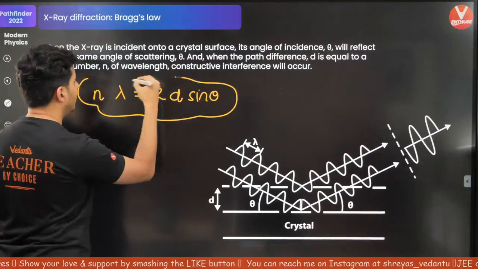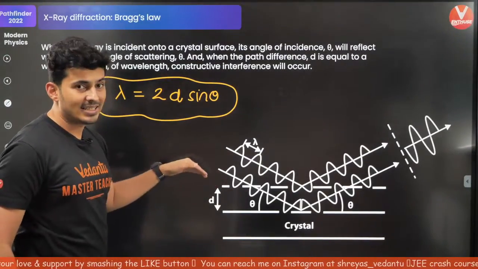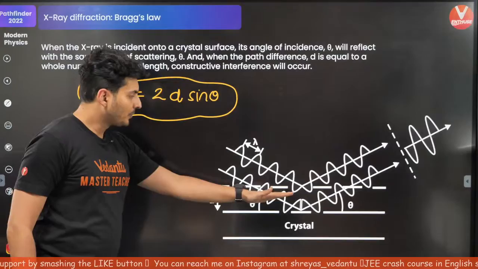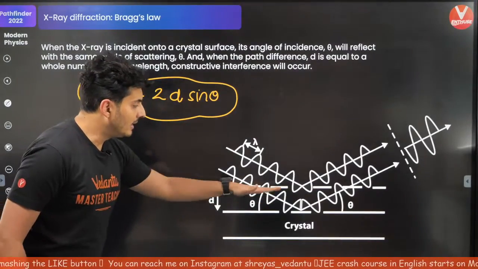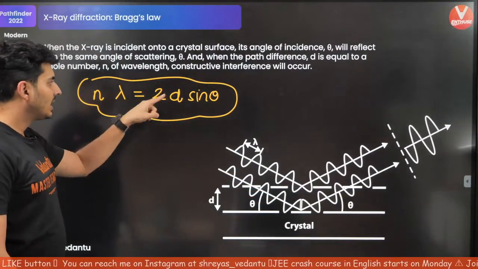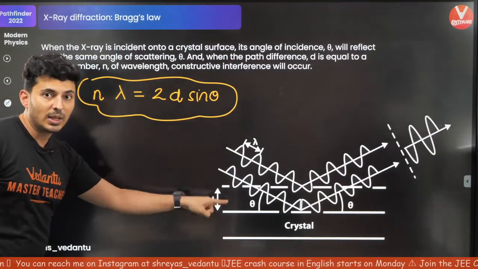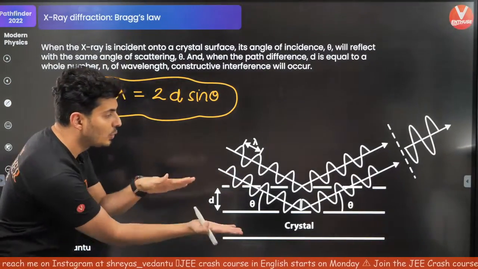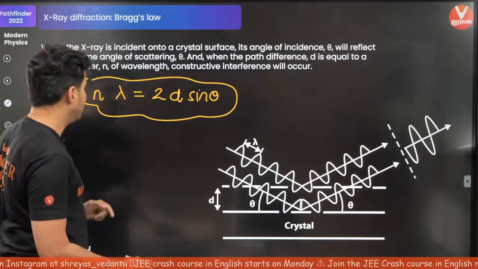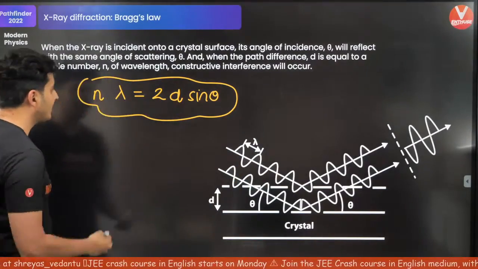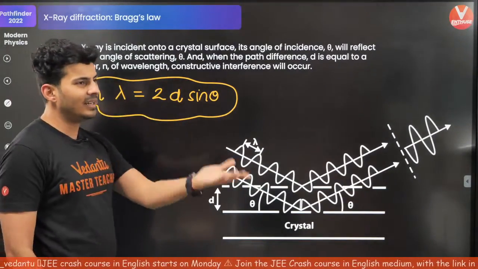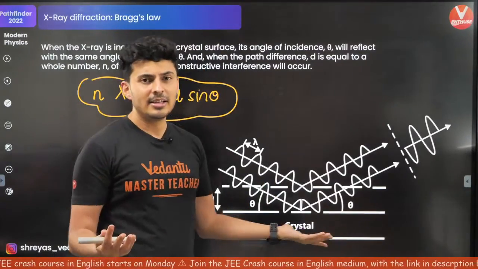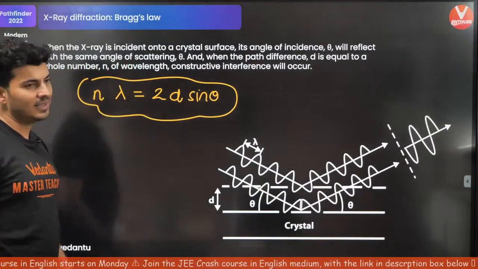Very, very important relationship. Theta is the angle which the X-rays make with the interplanar layers or the surface. D is the distance between those two atoms of two planes of that crystal. Lambda is the wavelength of the X-rays. N is the order of interference, first order, second order, third order. So n lambda is 2d sine theta.